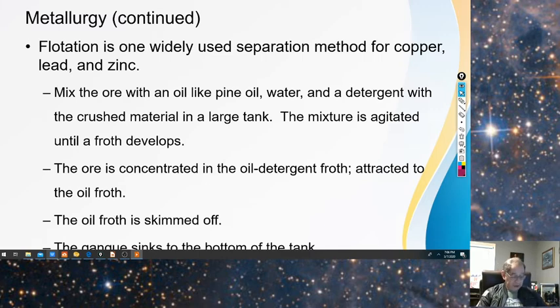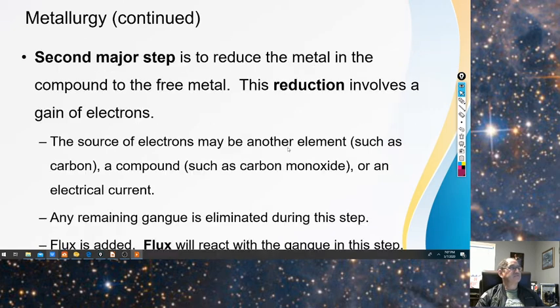What is the flotation step? Why do we need it? How's it done? Know about the flotation step to separate copper, lead, and zinc from that other stuff when you start with the gangue.